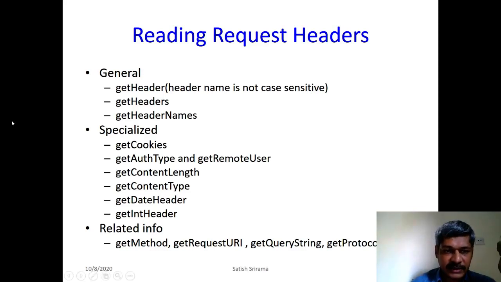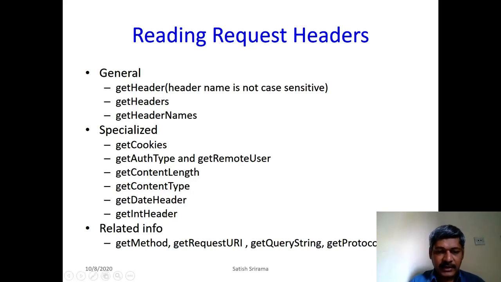If you want to process them, you can use get header. You can give a specific name, or you can get all the headers and, with an enumeration, iterate through them using get header names. There are also specialized headers you can check, for example get cookies, get authorization type, or get content length, how much content has come through the HTTP request. Get content type will give you text as HTML, and you can get date header and int header.